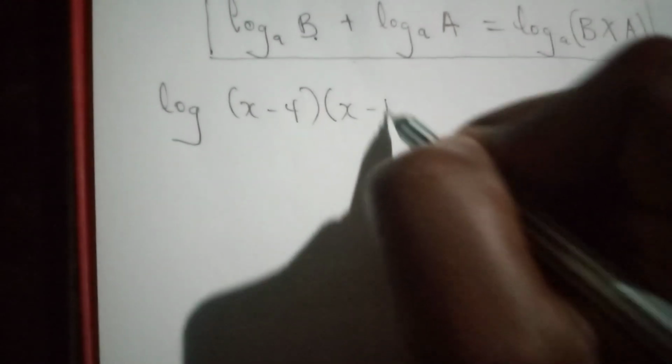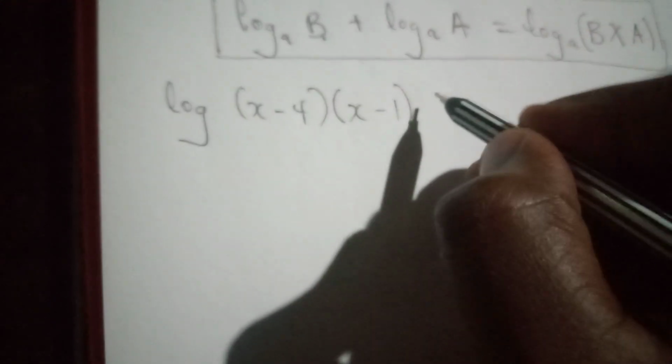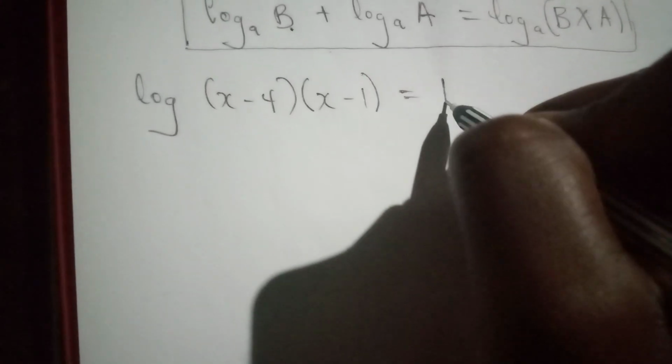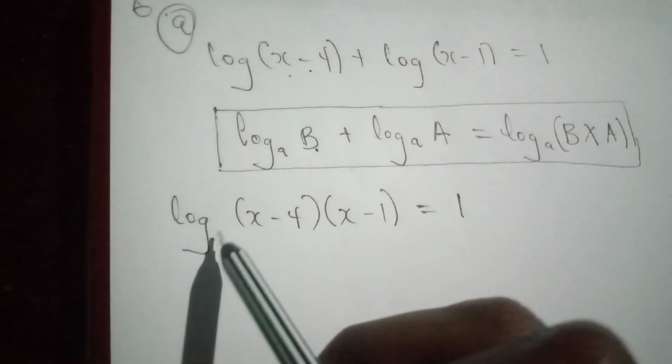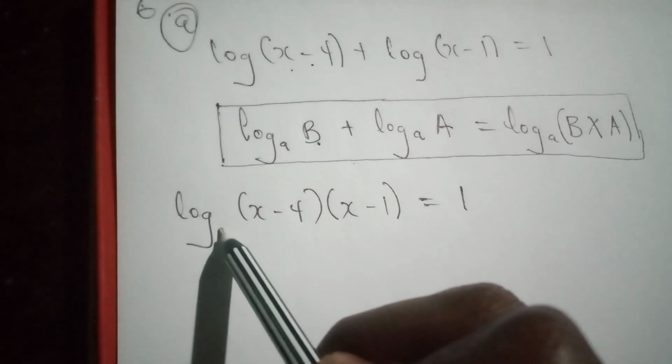Since here we are adding, that simply means I'm going to multiply these two. So that is log of x minus 4 multiplied by x minus 1 is equals to 1. Bear in mind that this is the special log. When it is just like this, the base is 10.